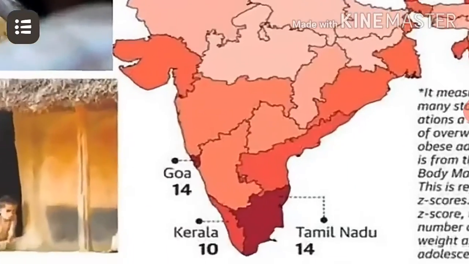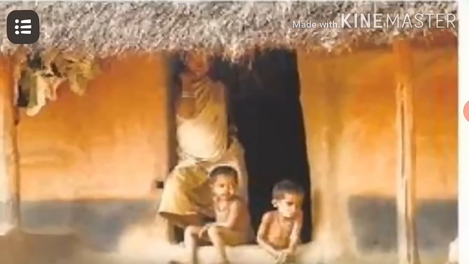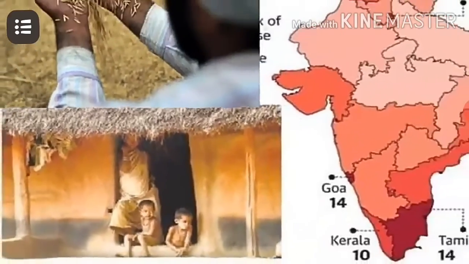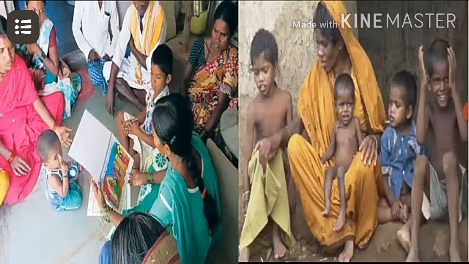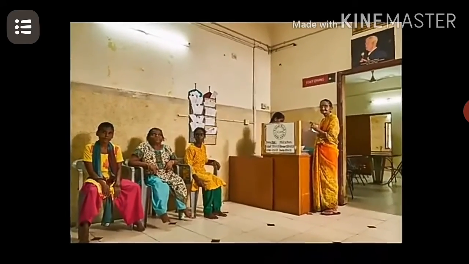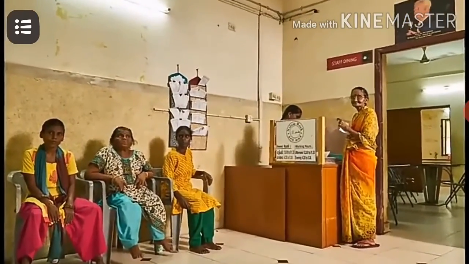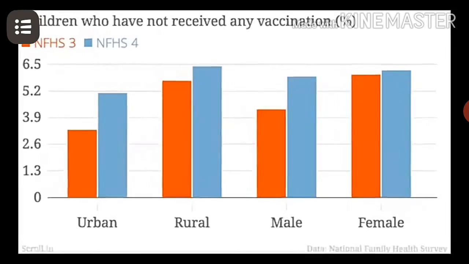Though our country has reached self-sufficiency in food production, the nutrition status of the population has not seen corresponding levels of improvement. In 2015 to 2016, 27% of the rural women and 16% of the urban women were counted as undernourished or chronically energy deficient by the National Family Health Survey.